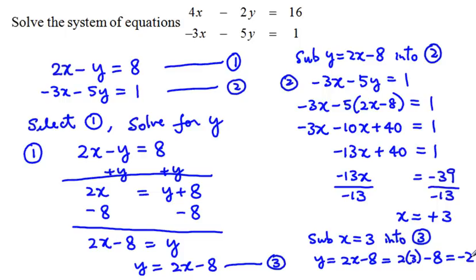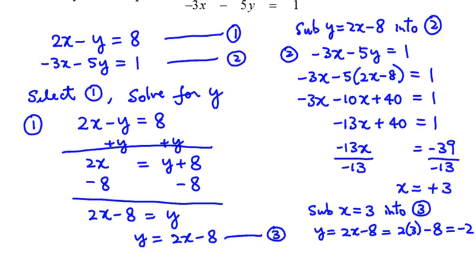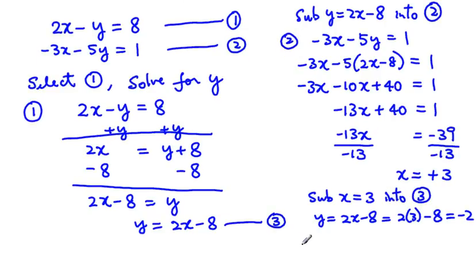Finally, don't forget to answer the question nicely. Since we already have x equals 3 and y equals negative 2, let's make it a little bit clearer. Let's tell what the solution is.